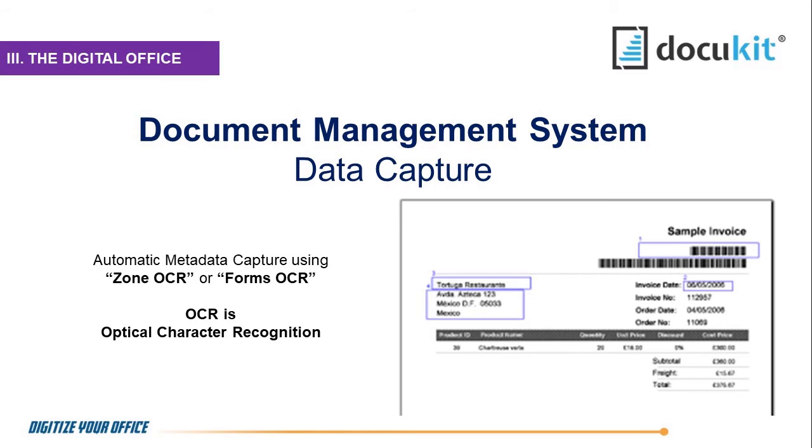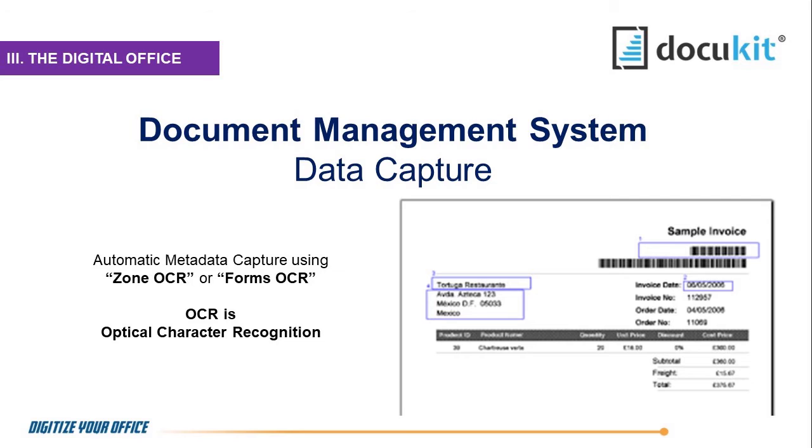Another important key feature is the data capture. There are two ways to capture your metadata. One is through manual input, another is to automatically capture it through the Forms OCR or Zone OCR, which allows the user to highlight which unique identifiers in a pre-formatted document, as seen from the photo on the slide.